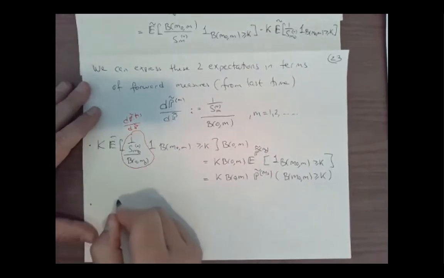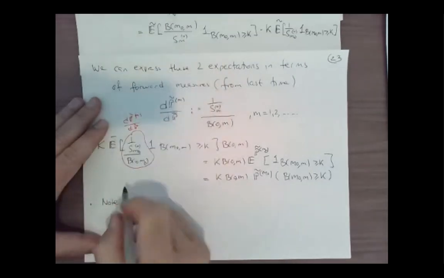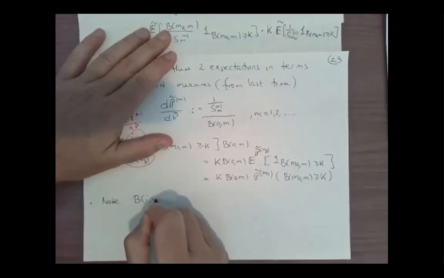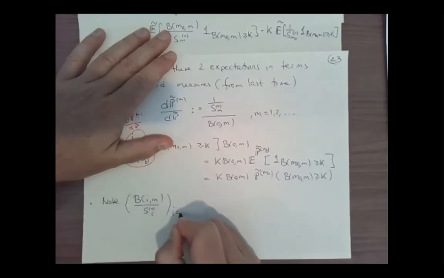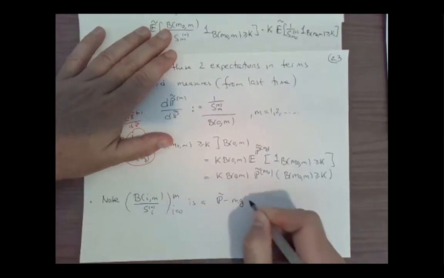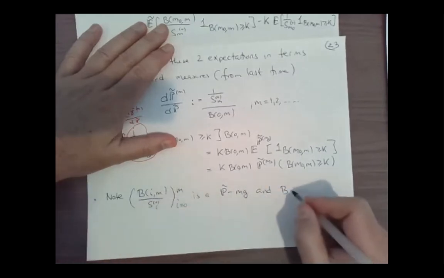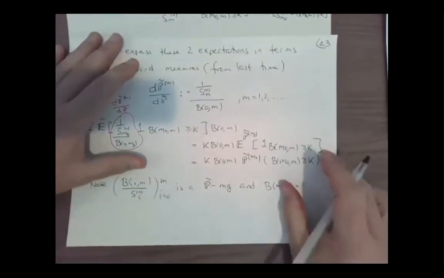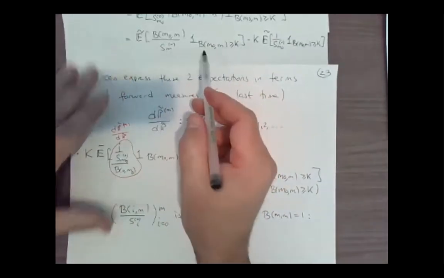The second term is we're going to note that B, say BI M divided by this I, this object here, is a P tilde martingale, and when I put in I equal to M, I'm going to get a 1. So let's see if we can use these two properties to work out what the first expectation is.